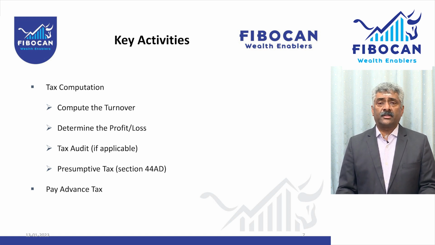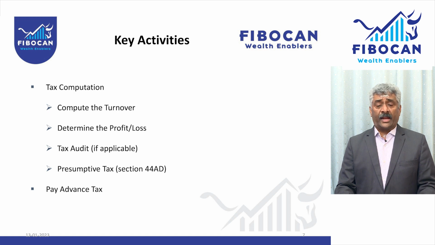Recently, with the income tax notification in August 2022, options turnover has been made simpler. Determining the profit and loss is the next step. This is relatively easy, though earlier it was tough for options. Then tax audit, if applicable, presumptive tax under section 44AD, and paying advance tax. These are the key activities.